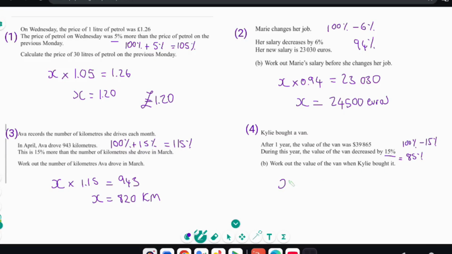So we know that the original amount times 0.85 gives us 39,865. Let's go back to work out the original by dividing both sides by 0.85. $46,900.